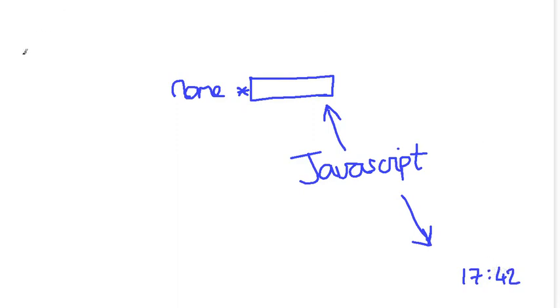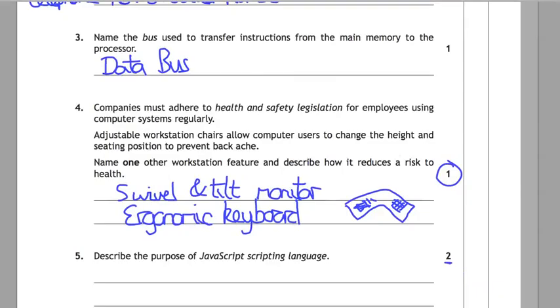So when they ask you that, just think about, also some websites are quite interactive, so there might be pop-up boxes telling you what to do. So think about an answer that follows that type of theme.